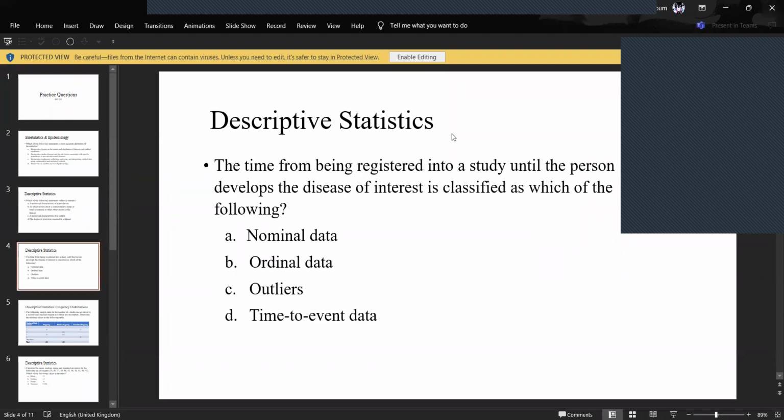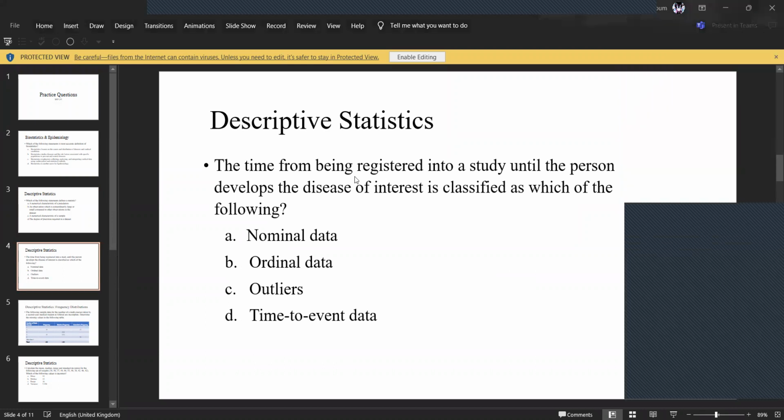So, next question. The time from being registered into a study until a person develops the disease that we're studying is classified as which of the following? Is it nominal data, ordinal, outliers, or time to event? Now here we have two data points that we're studying. First of all, do they develop the disease of interest, yes or no?